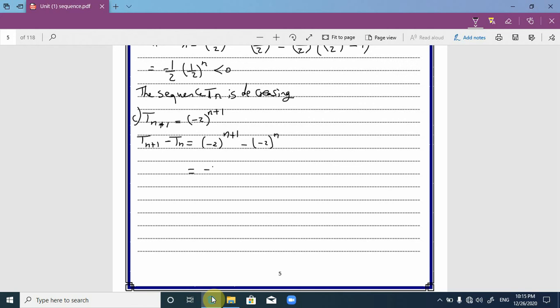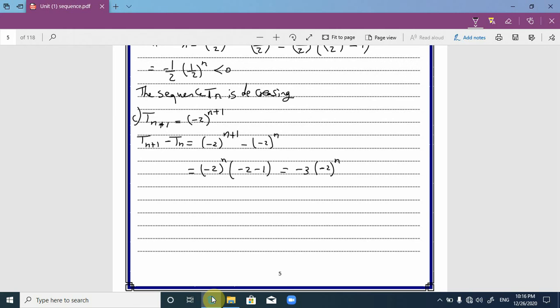If we take negative 2 to the power n as a common factor, the result will be negative 2 minus 1, which equals negative 3 times negative 2 to the power n.